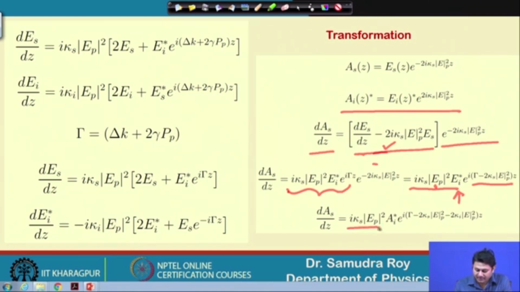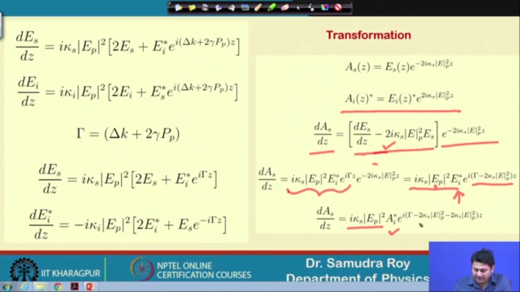So, i kappa s Ep. If I now change this EI star from here, this EI star will be AI(z) star, which is this, multiplied by e to the power of minus 2 i kappa s |Ep| square z.